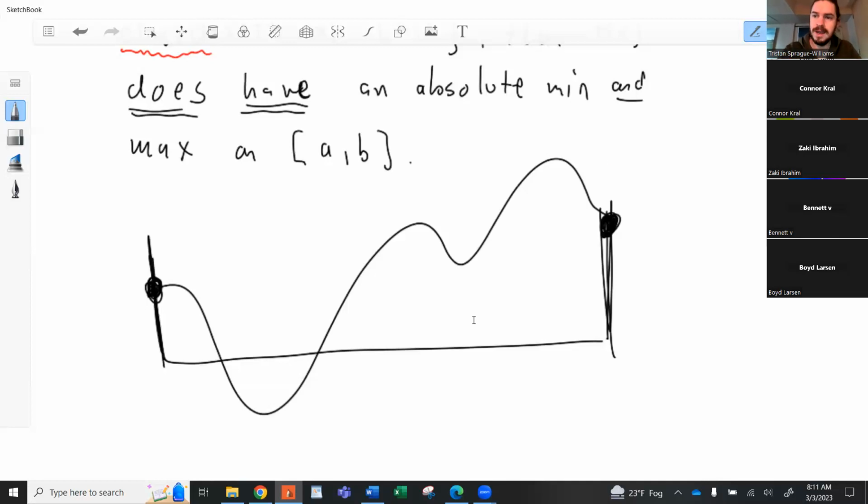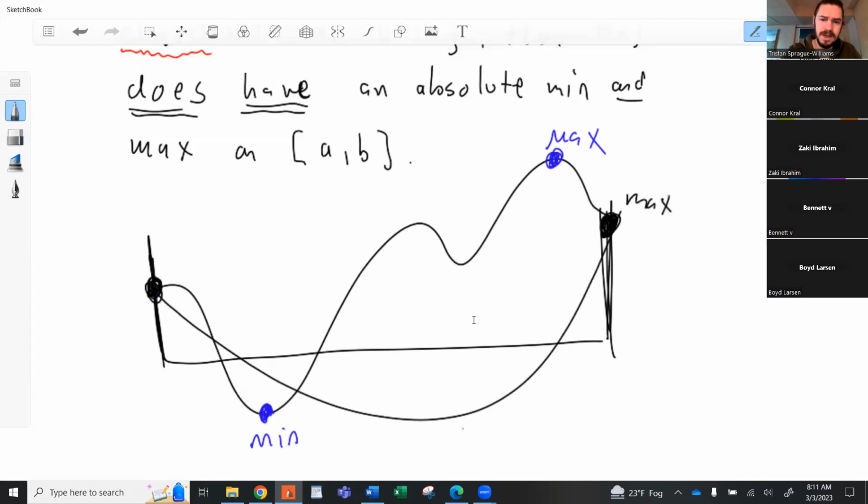So here's our max, right? Here's our min here. Yeah, that's guaranteed to happen. It might end up being one of the endpoints if it just goes down, right? If the graph just goes like this or whatever, then it could be that your max is over here and your min is over here.